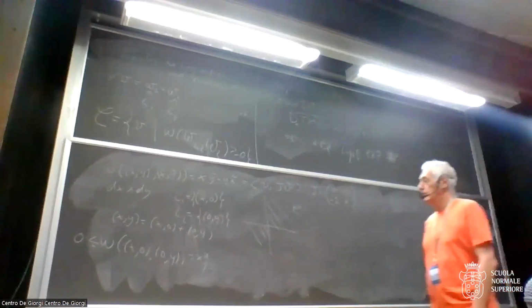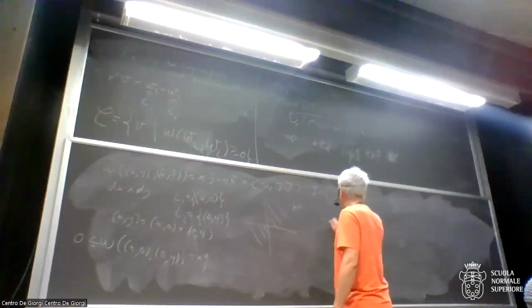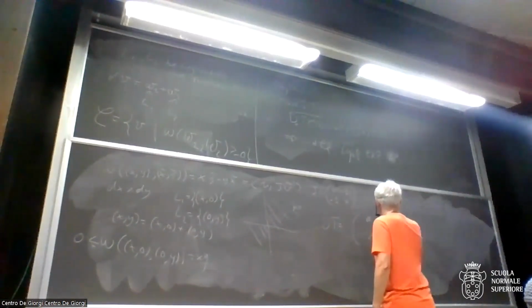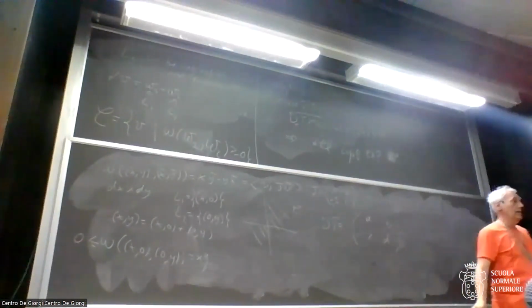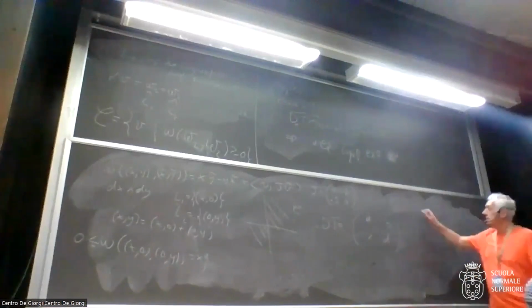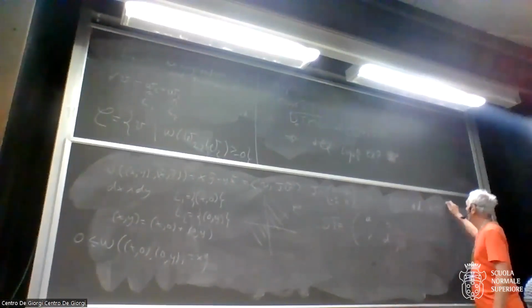Okay, and now the determinant of the map will look like A, B, C, D, with the fact that it's symplectic. But being symplectic in 2 dimensions simply means that you preserve the volume. So that means that the determinant is 1, so AD minus BC is equal to 1.